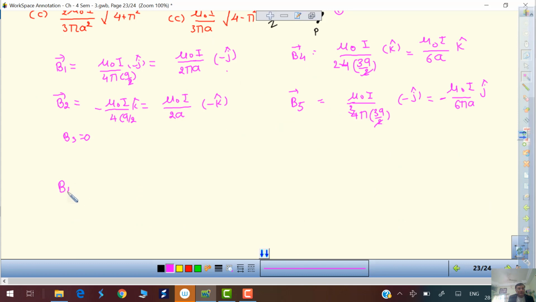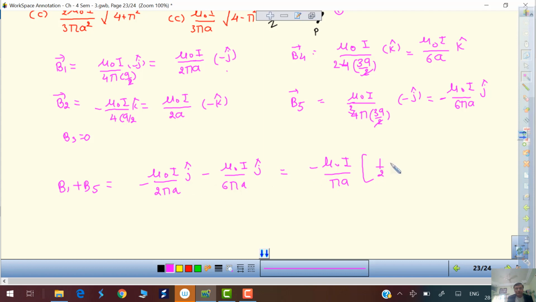So B1 plus B5, so μ0 I upon 2 pi a minus j minus μ0 I upon 6 pi a j. So I take common minus μ0 I upon pi a. This is 1 by 2 and 1 by 6, we will do the addition, j direction.